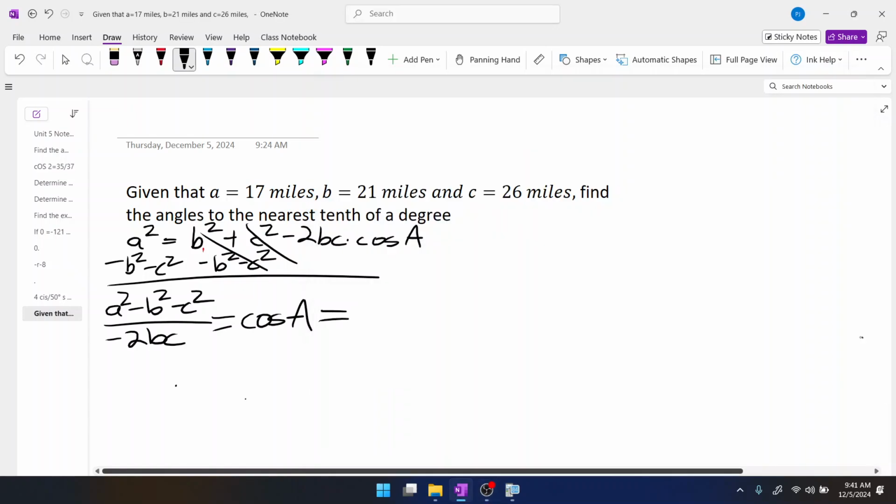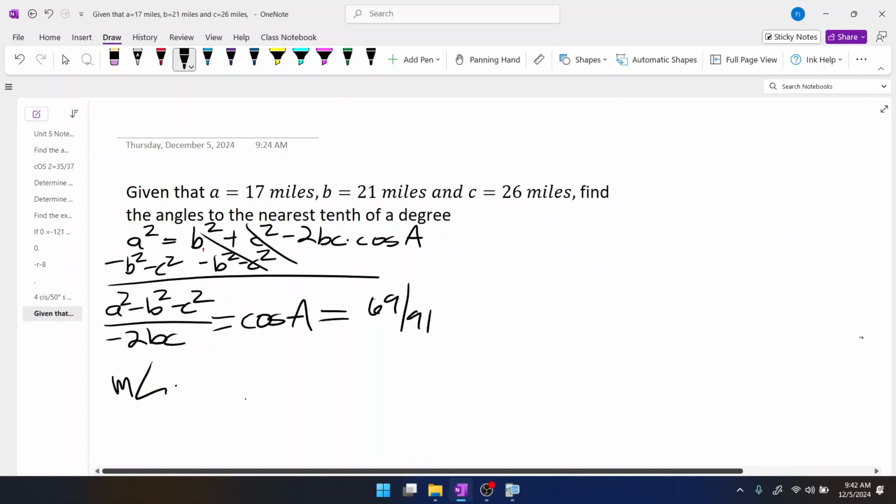All right, so what we'll do then is we'll just kind of do this here. Let's see here, 17 squared minus 21 squared minus 26 squared over negative 2 times 21 times 26. And that's going to be 69 over 91.